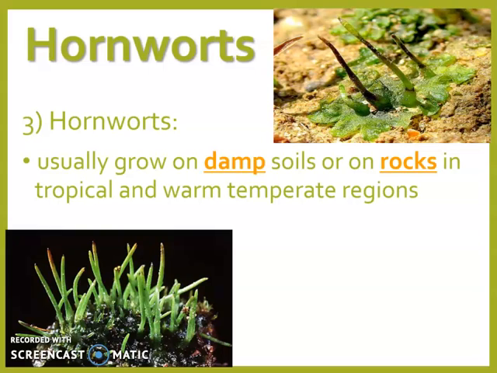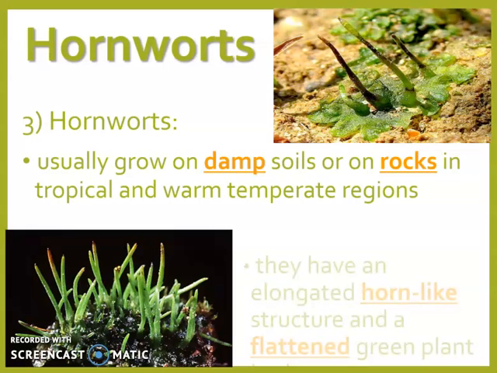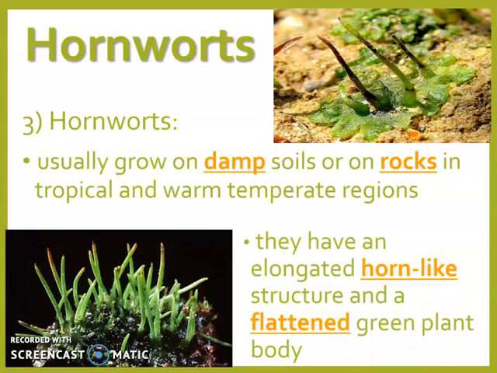They need very hot, very damp places. They're called hornworts because they have that elongated horn-like structure, so those spiky things, and they are actually leaf-like projections, so they're like leaf-like spikes, and a flattened green leafy bottom.